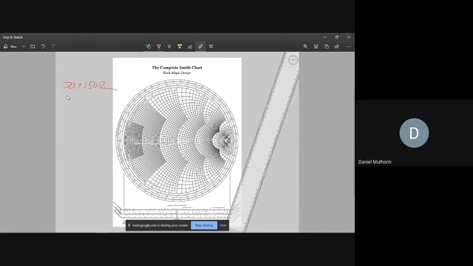This is our ZL. We divide this by our Z naught, which was 100, and we get 0.7 plus j0.5.